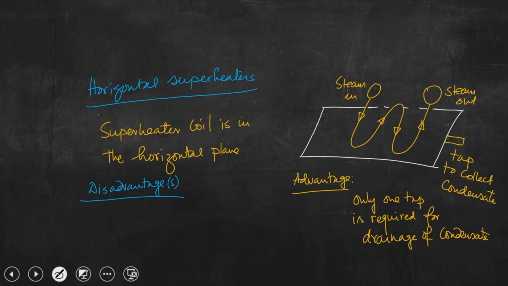But in a horizontal superheater, stability is less, because the entire system is in the horizontal plane. Placing the superheater is not so easy because we need to keep it in the horizontal plane.